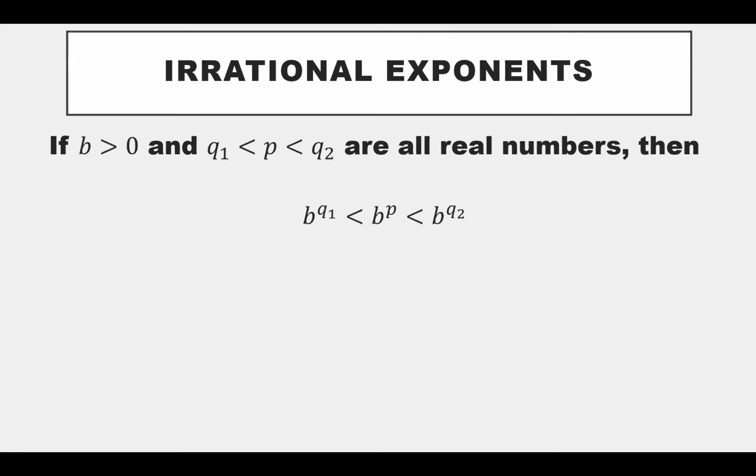Well, if I want to calculate b raised to an irrational exponent, then I always have to force this rule that if there are two numbers, one which is smaller than my p and one which is bigger than my p, then this has to be the case. b raised to the q1 has to be smaller than b raised to the p, has to be smaller than b raised to the q2 power.